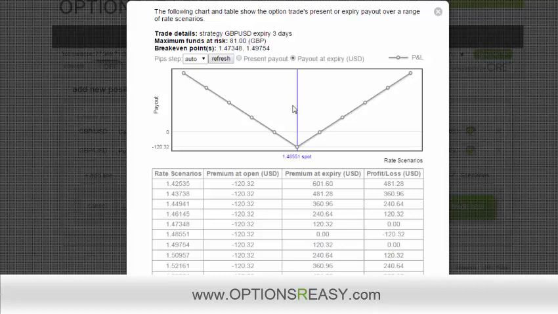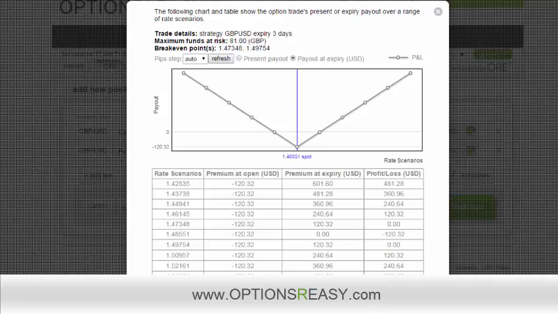You can see as sterling US dollar rate increases, the profit line is growing. And as sterling US dollar rate decreases, the profit line also grows. So as long as the pair moves far enough up or down, this strategy will return a profit.